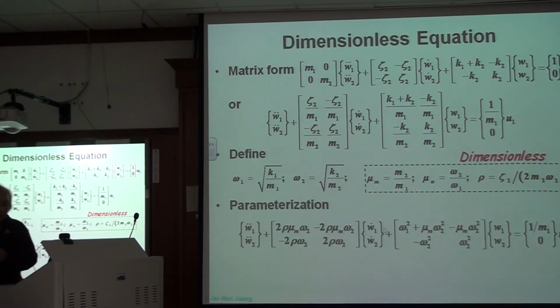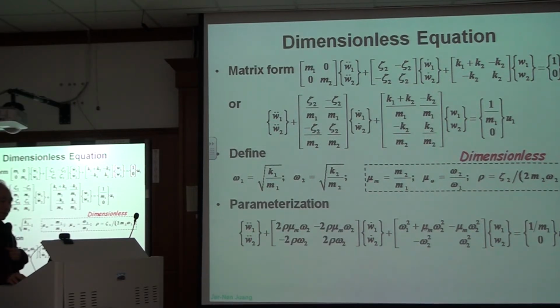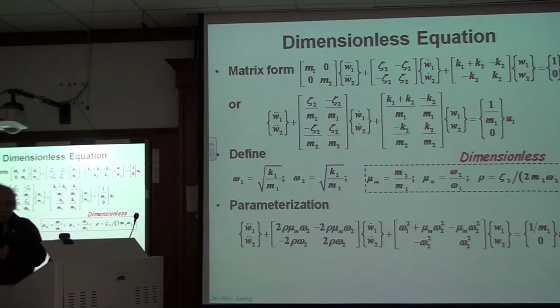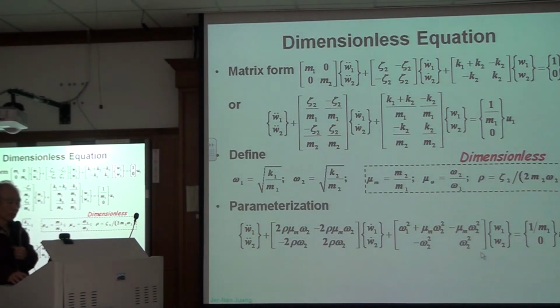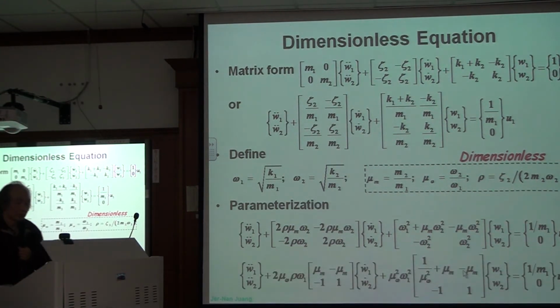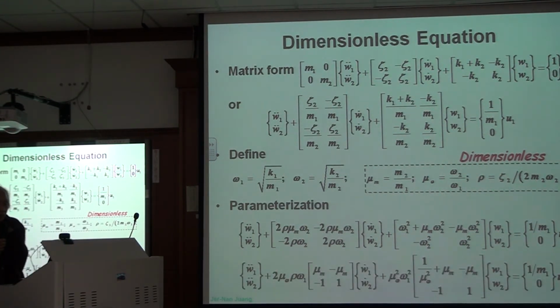After that, my equation of motion I can rewrite in terms of these. It looks more complicated, but you don't really have any division here. M2 divided by M1 is all gone. It's called the parameterized equation for the second order system.